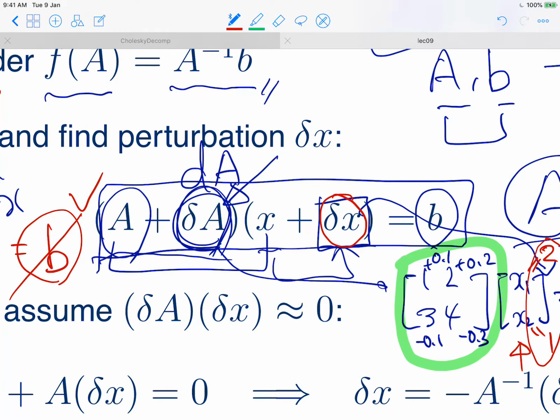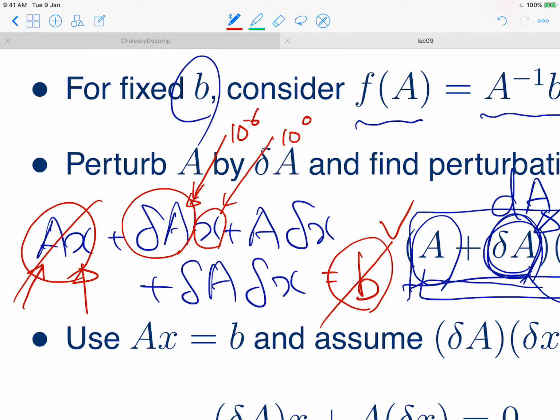Okay, and then this one has an approximate scale of 10 to the 0, and this one would have maybe 10 to the negative 6, for example. I mean, that's just an approximate, hypothetical example.